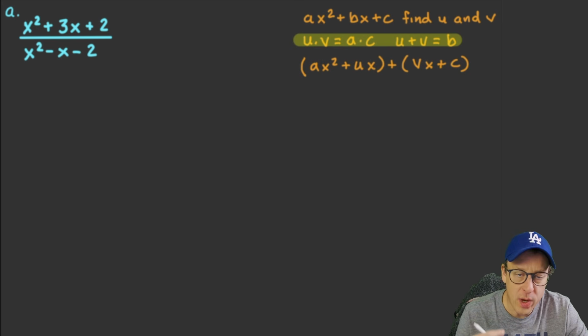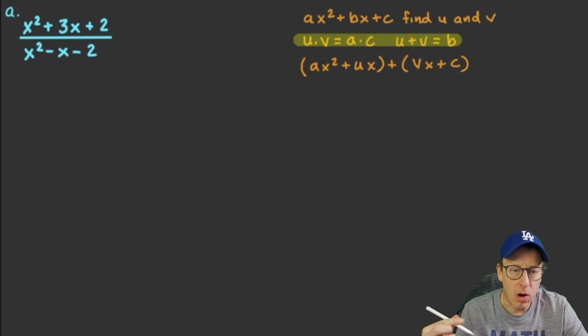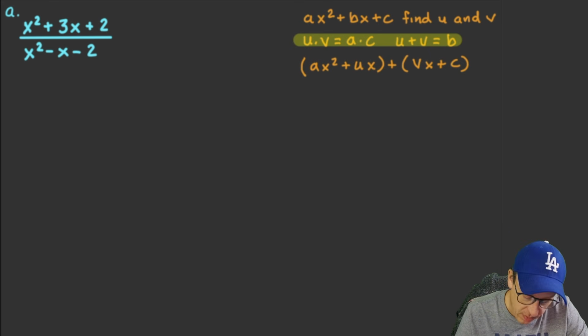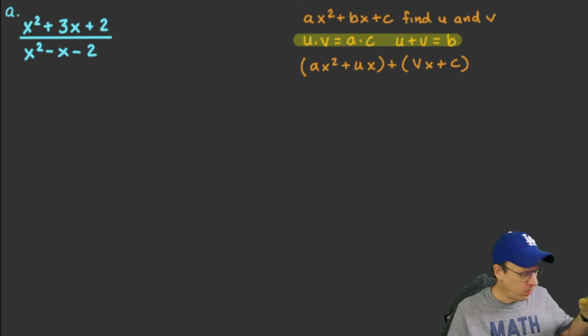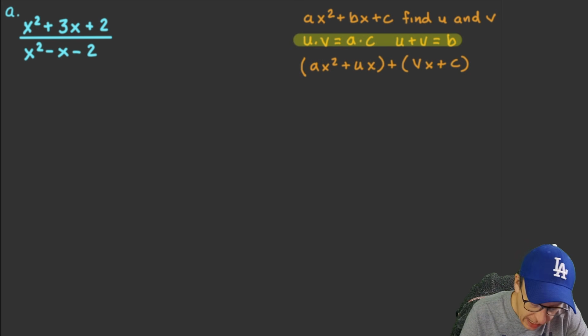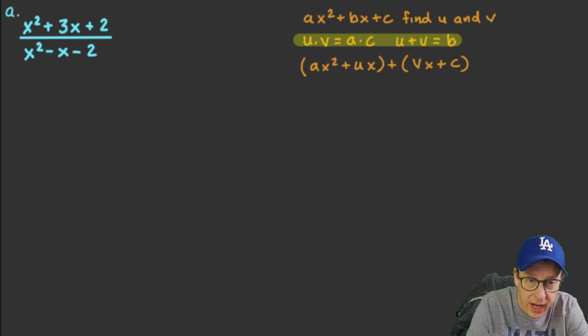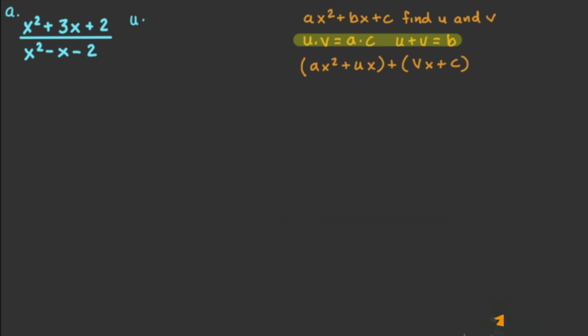Okay, so we need to figure out what, again, are our values of u and v. In this case, we'll have u times v.